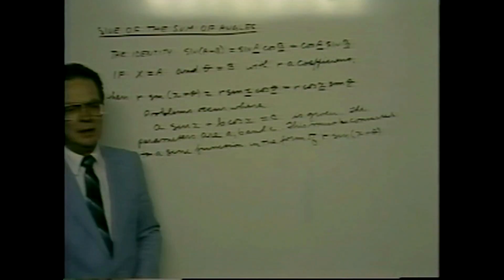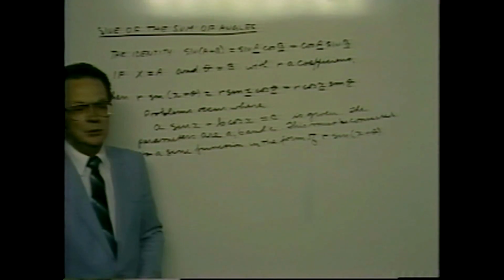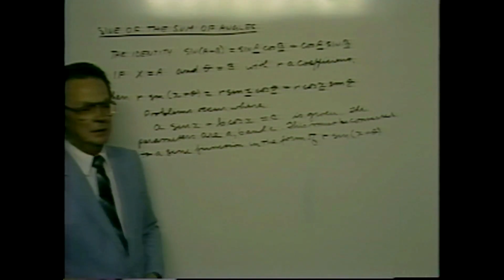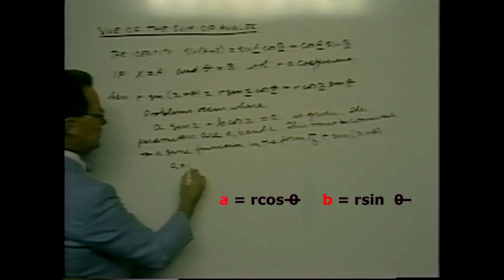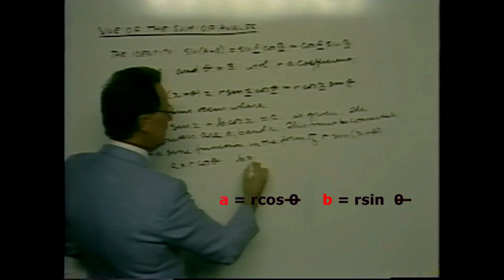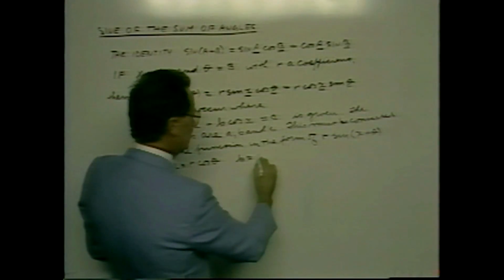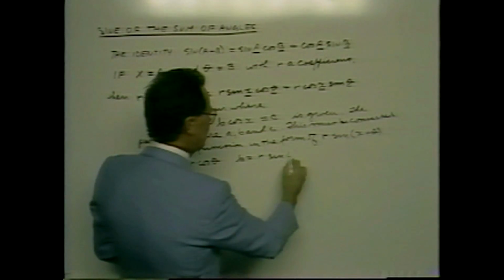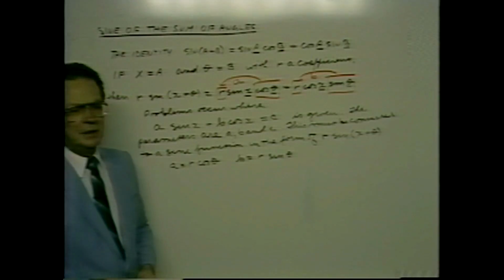By comparing the identity with the given equation term by term, note very carefully that a is equal to r cos theta and b is equal to r sine theta. The variables r and theta are required.